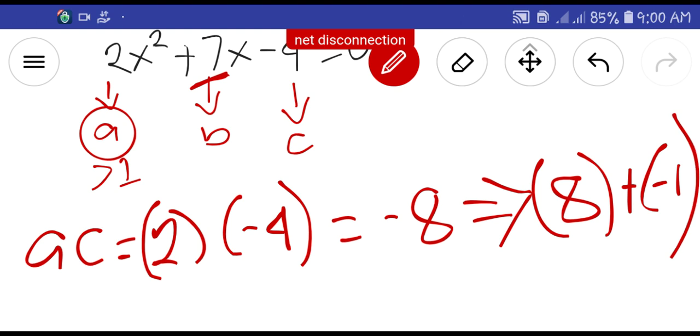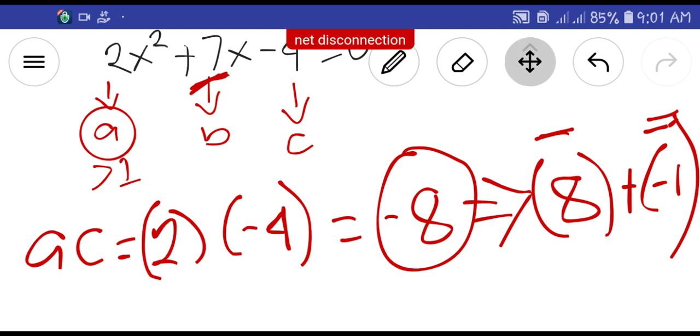It means to say that the product of this 8 and negative 1 is negative 8, and the sum of this 8 and negative 1 is 7. Alright, so this is how to get the factor of your quadratic equation given the value of a which is bigger than 1.